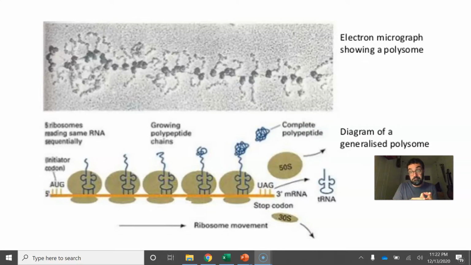Remember that? And now third, we can alter the rate of gene expression here in translation, because the number of ribosomes might change or the number of polysomes might change. So we can increase the rate of gene expression by having more ribosomes present, or decrease it by having fewer ribosomes present. So polysomes help to regulate gene expression during translation, and that's why it matters.